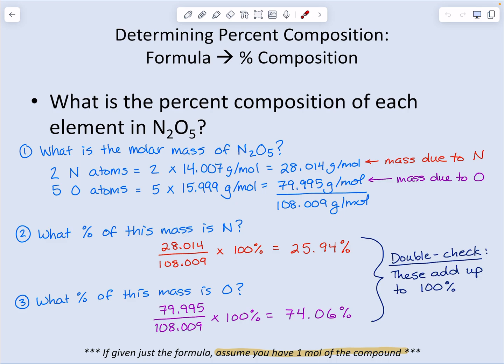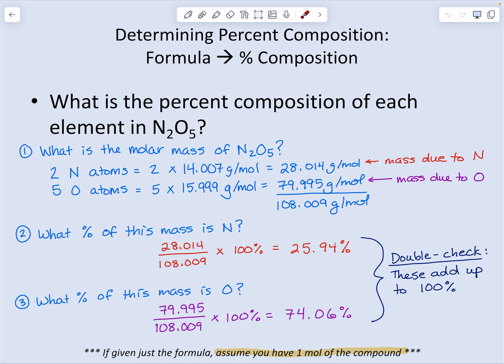All right, so if you are given a formula and you're asked what's the percent composition of this element, the first thing you need to know is the mass of the compound. So you would have to figure out the molar mass of N2O5. So that's adding up all of the masses of the individual atoms that make up one molecule of this compound.